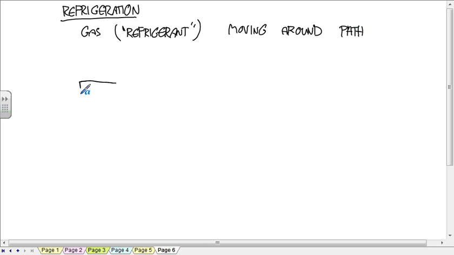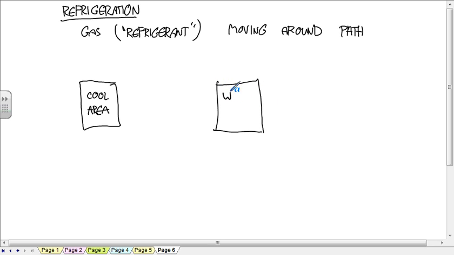On one part of the path is the cool area, the part you're trying to take energy out of to cool down. And over here is the warm area. This is the room.